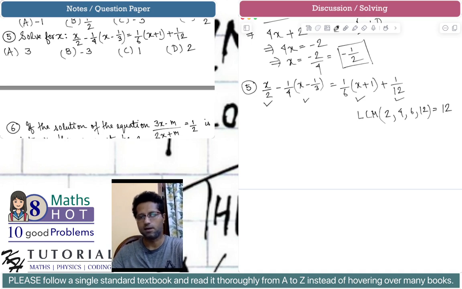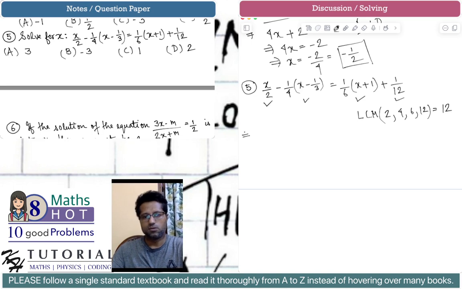By doing this, I will eliminate all rational terms, and the equation will get reduced to a simple form where all the constant terms will be integers, and all the coefficients of the x terms will also be integers. So it makes life easier if you operate on integers rather than on rational numbers.